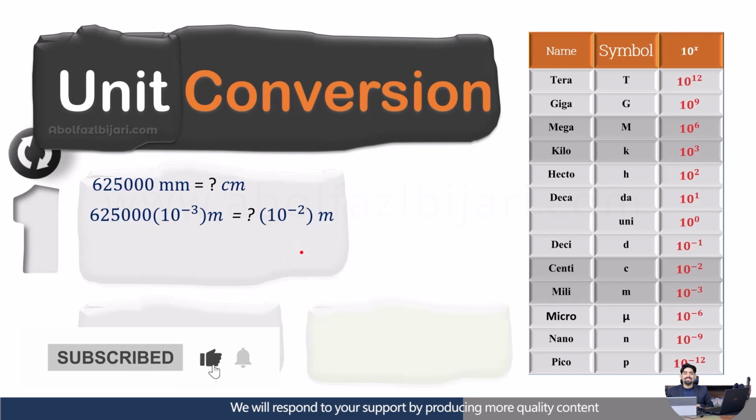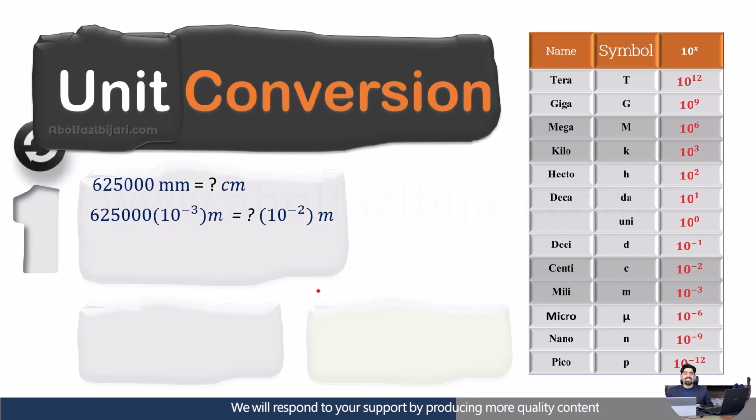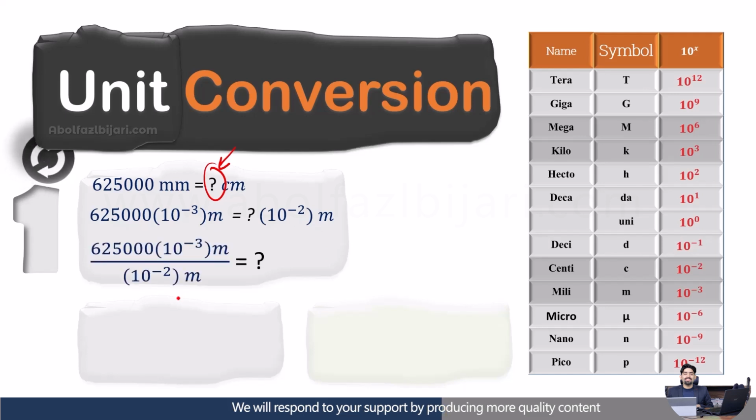Notice it. Now, by dividing, we will make the question sign alone. You can solve it. The left part divided by the right part. M is removed with M in division. In mathematics, we had 10 to the negative power 3 divided by 10 to the negative power 2.